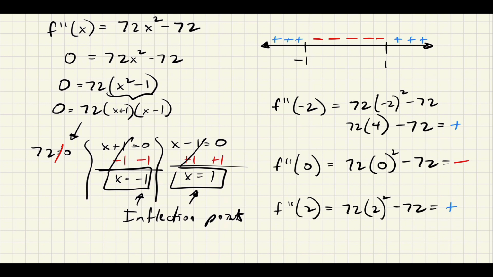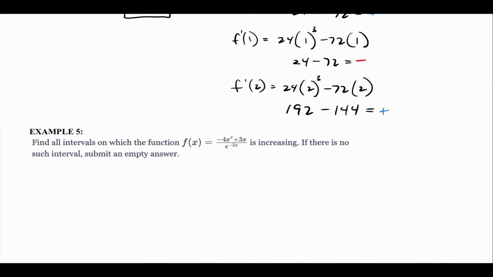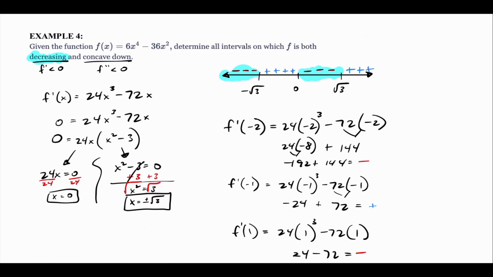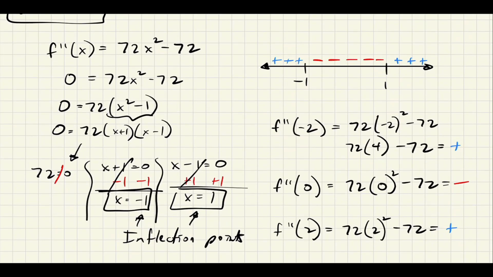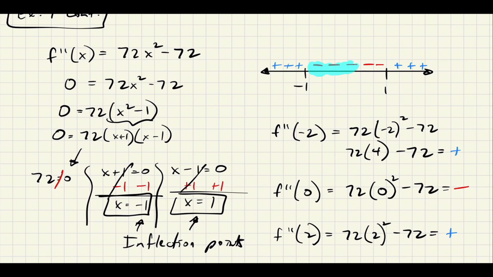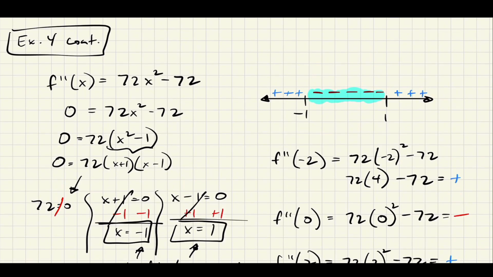So let's go back to the question. The question said, where is it decreasing and concave down? Okay, well, let's go look where concave down is. Concave down is right here. Okay.